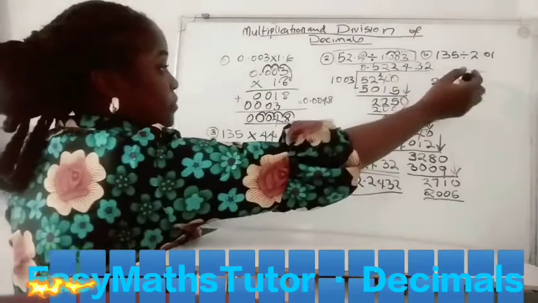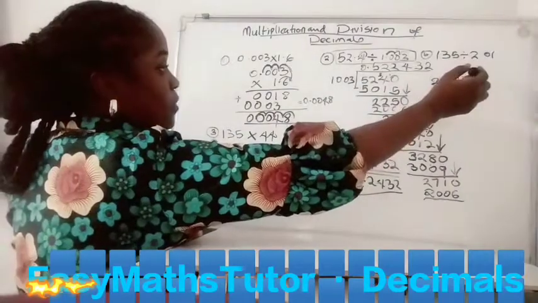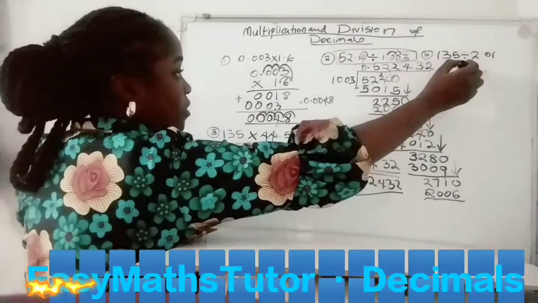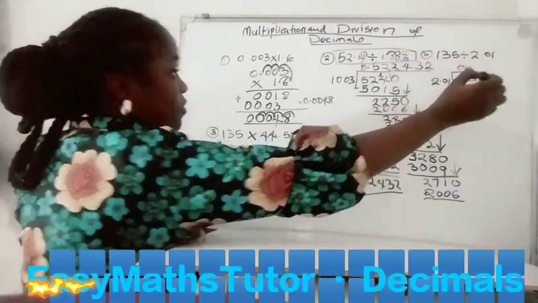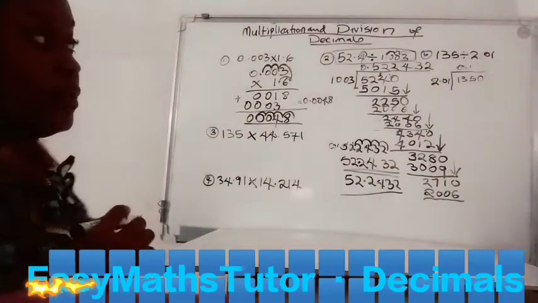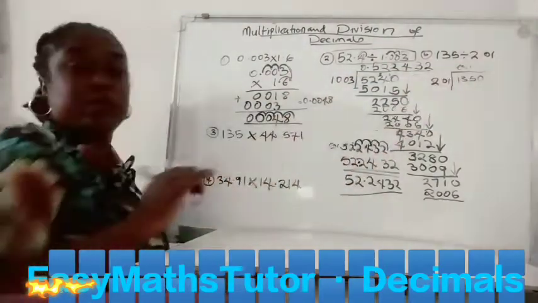So, 0 point will give us 0 here, okay? So, we'll remove this decimal first.